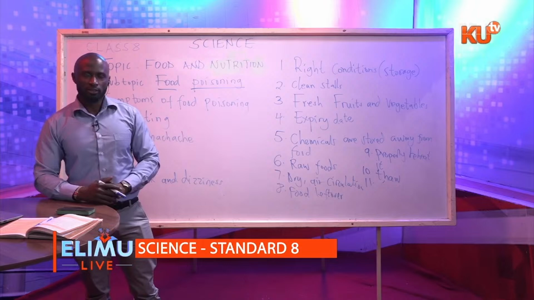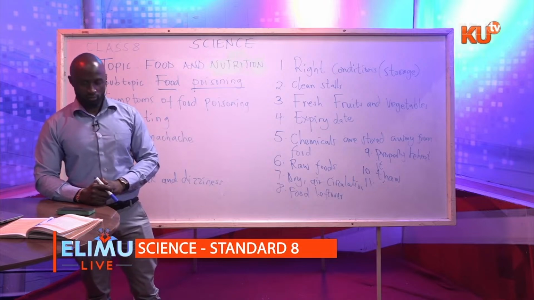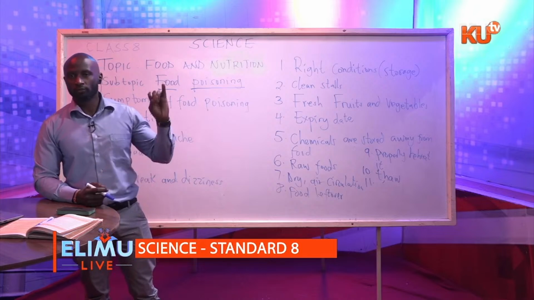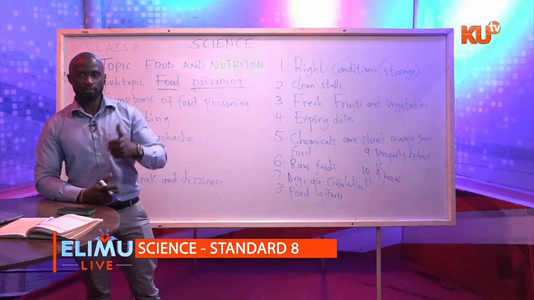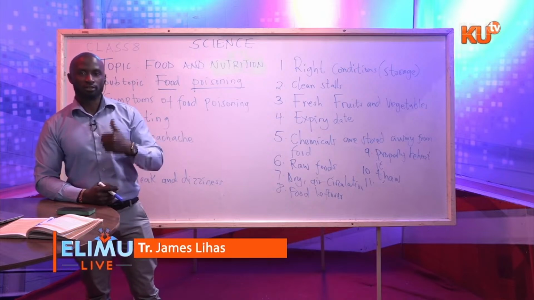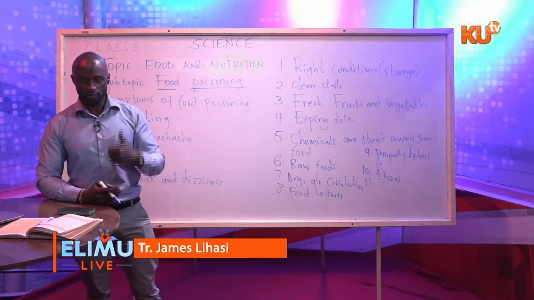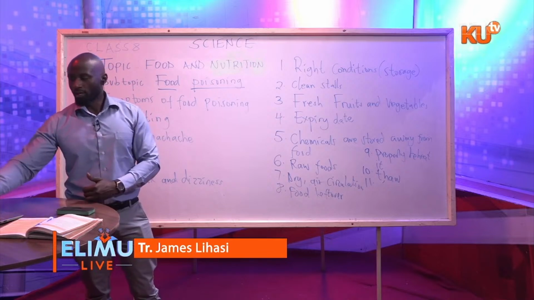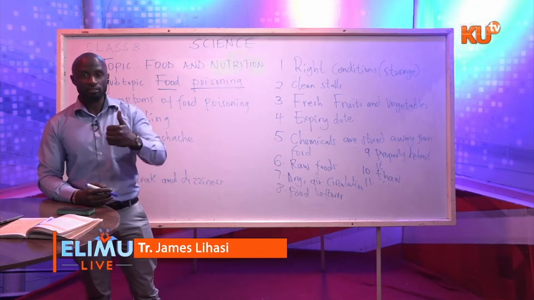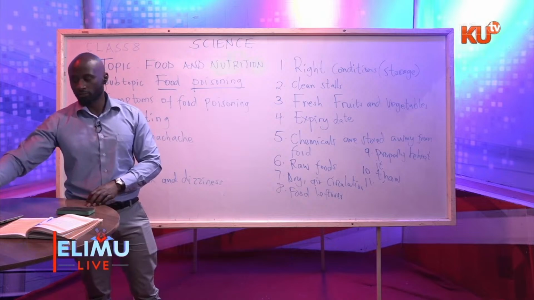Now, to wind up the lesson, we have discussed three main things. We have defined what food poisoning is, and we talked of illness or sickness resulting from consuming harmful substances, eating or drinking. From food, we have mentioned the agents of food poisoning: chemicals and microorganisms.